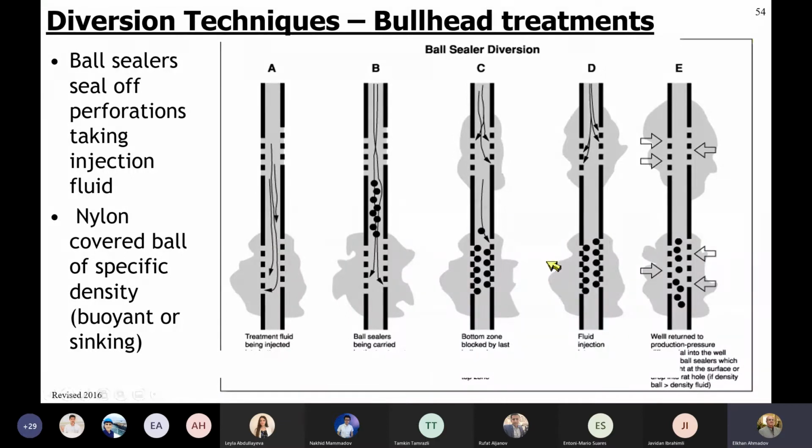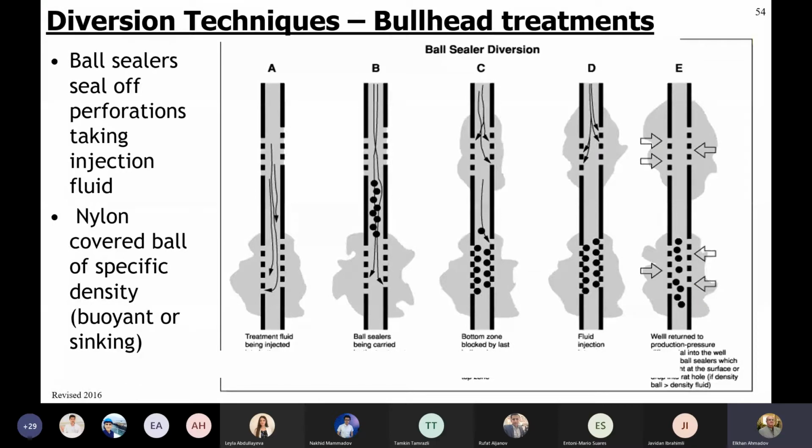We block with these ball sealers the zones that are already cleaned and high permeability, to allow the injection fluid to enter the zones that are still damaged. And once these are also cleaned, we flow back the well, and these ball sealers are flown back to the surface again.